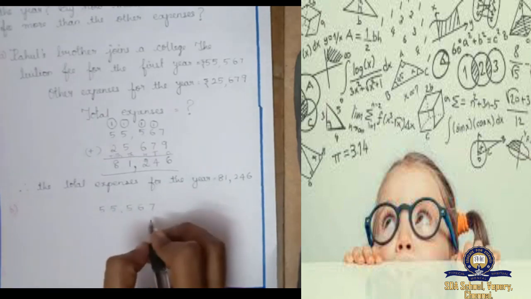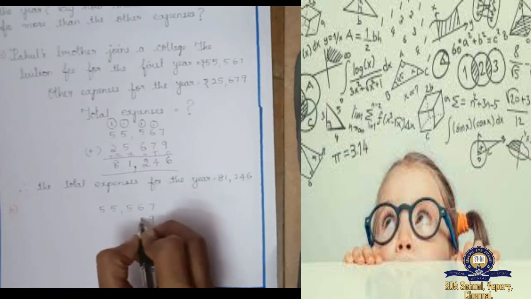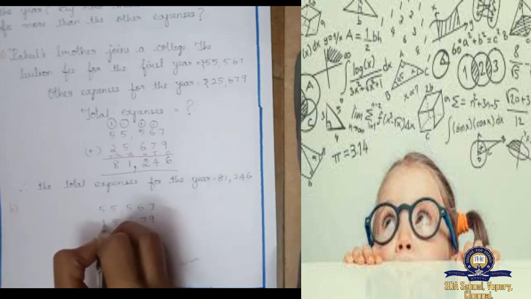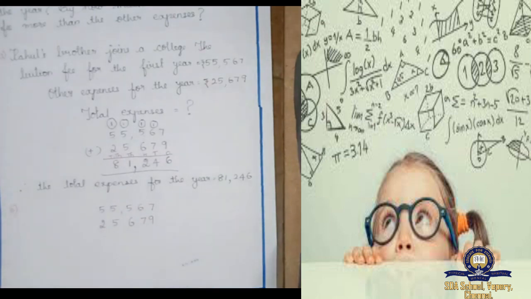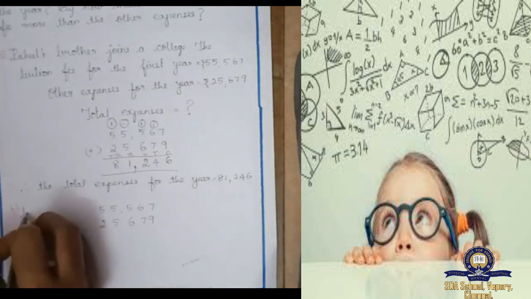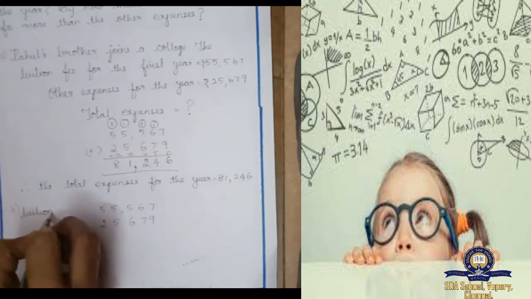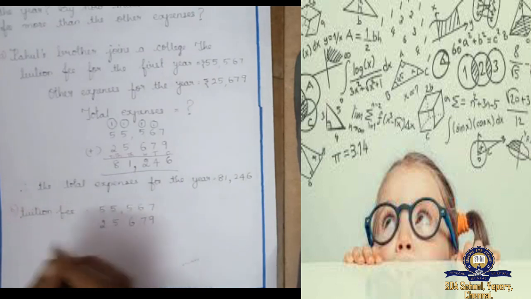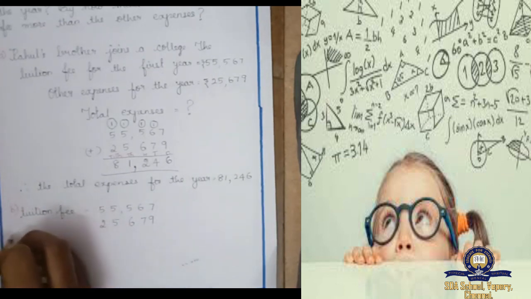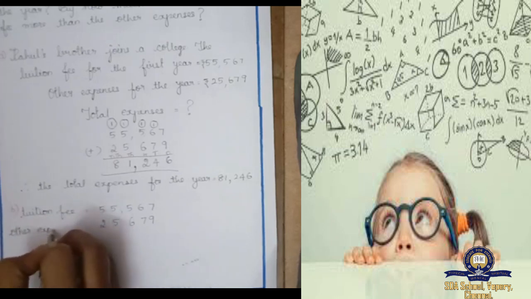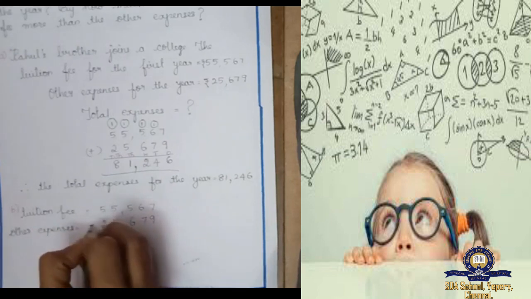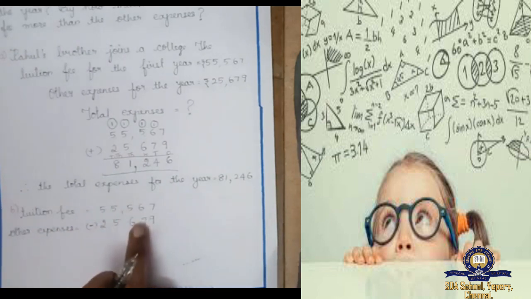Next, subtract 25,679. Okay, we can write like this: tuition fee. Next we are gonna write other expenses is equals to this thing. So subtract. This is minuend, this is subtrahend.